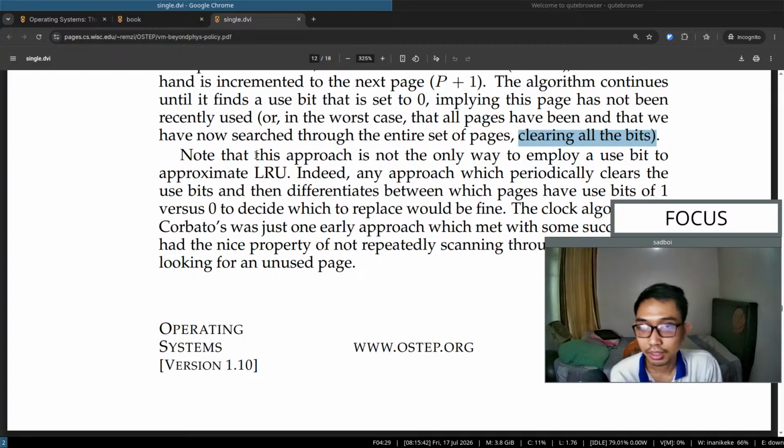Note that this approach is not the only way to employ a use bit to approximate least recently used.